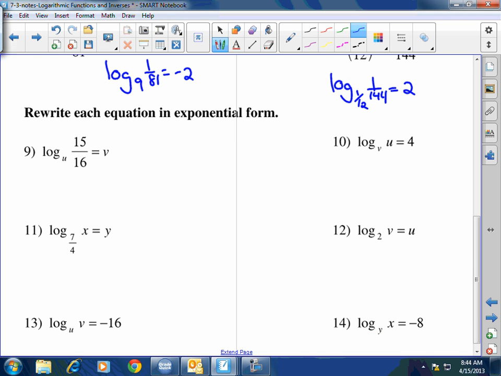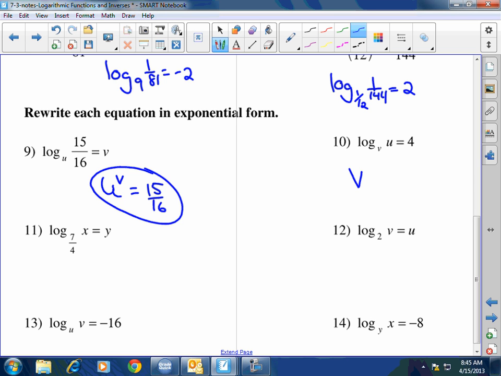Rewrite each equation in exponential form. Okay, what's my base? Base u to the v power equals 15/16. Done. 10. What do I got?